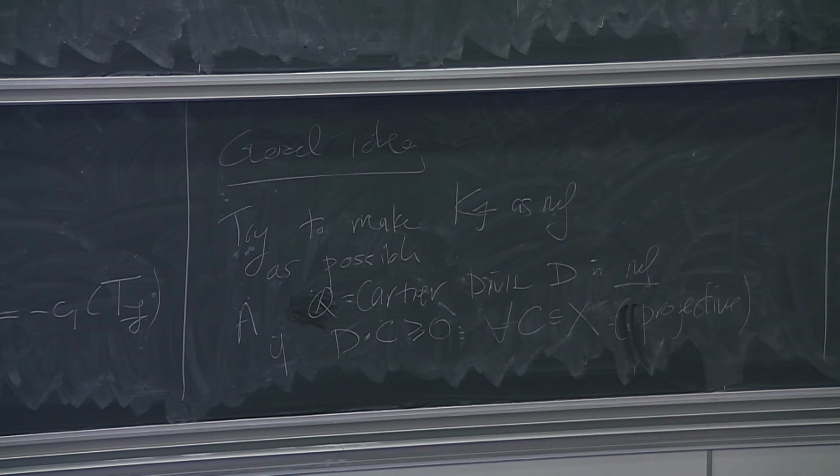So I want to recall something that Enrique talked about last week, namely how we make K_F as nef as possible in the surface case. Let X be a smooth projective surface, and let F be a one-dimensional foliation.